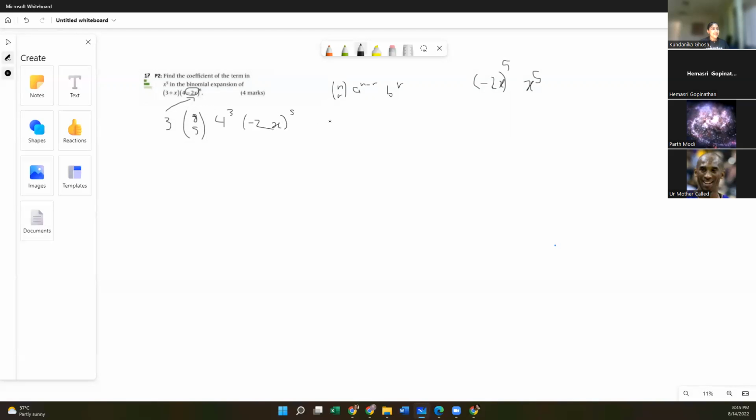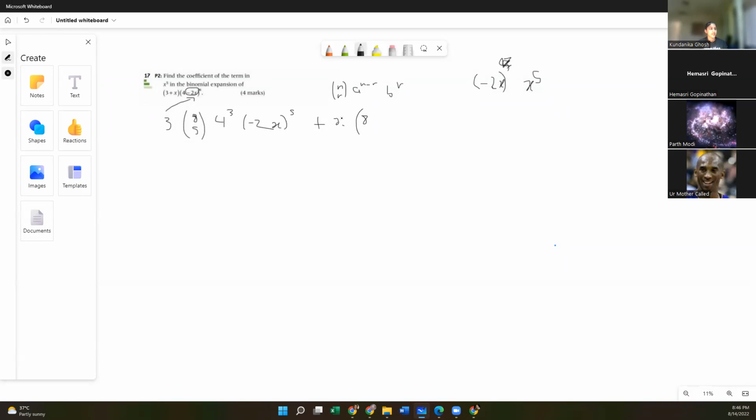And then we want to add to that, because it's 3 plus x, we want to add x times 8 choose. Now here, because we already have an x, we just want to get this to x to the power of 4, right? So what number will get us to x to the power of 4? We put the power of 4.